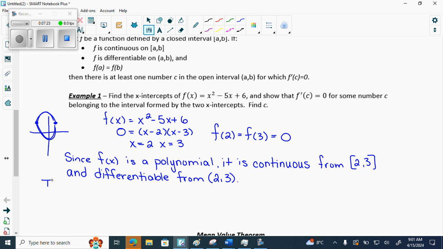So we say the three conditions of Rolle's theorem are satisfied.